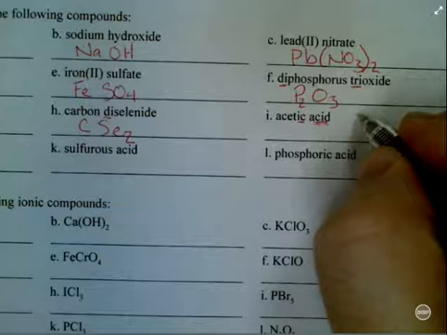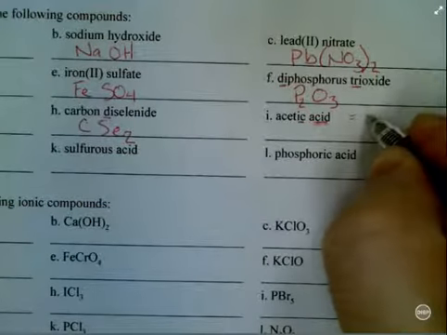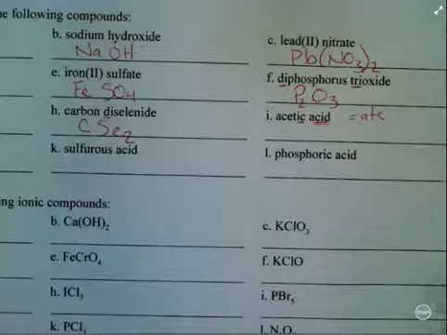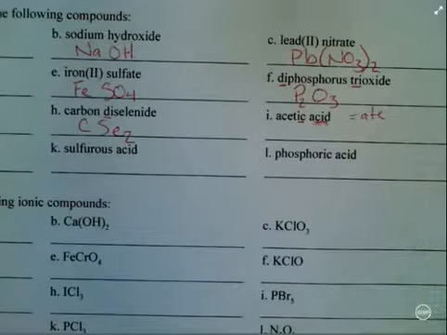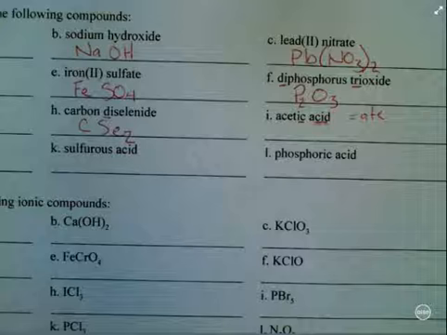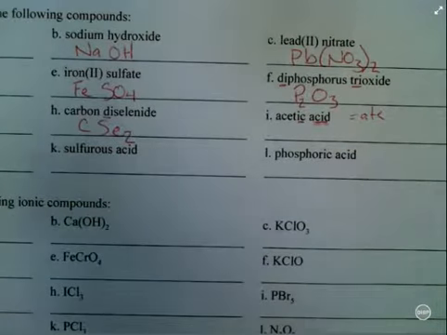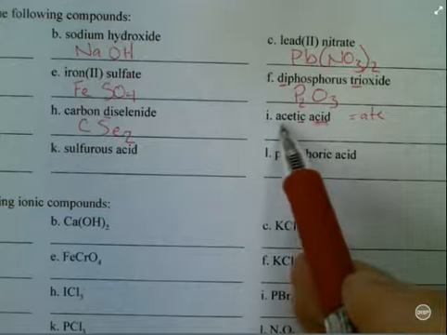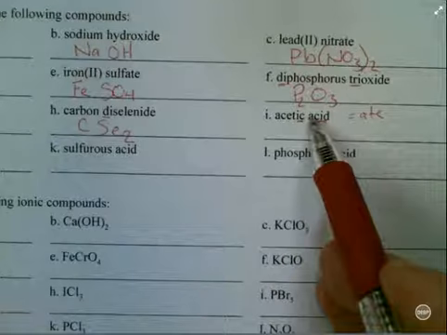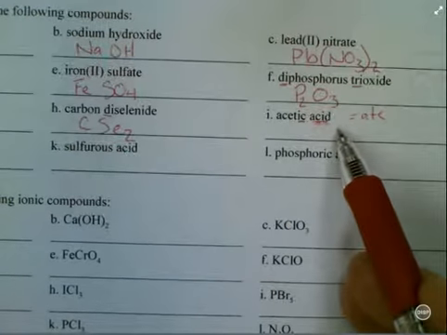If it was an ic acid, that means it's a polyatomic ion that has an ate at the end. If you guys remember from the notes, we said any polyatomic ion that has an ate and is turning into an acid, you remove the ate and you add ic acid. Well, just go backwards. If this is an ic acid, it must have had an ate. So this acetic must have been acetate.